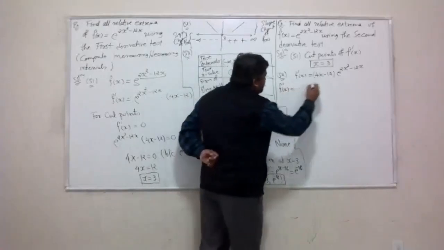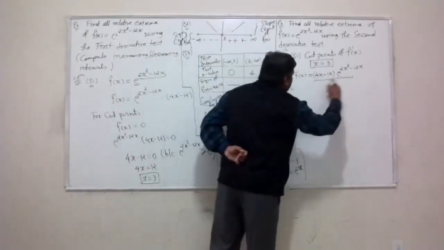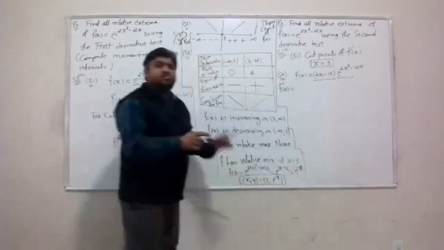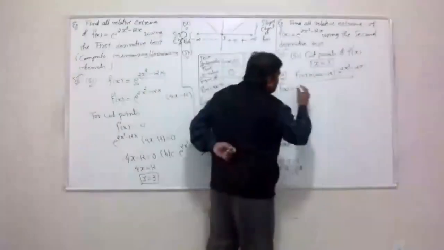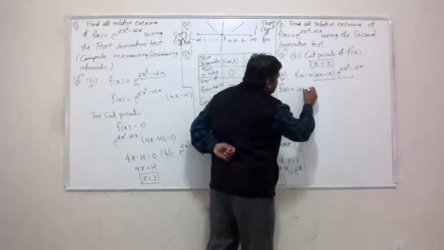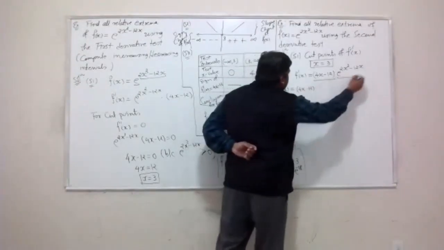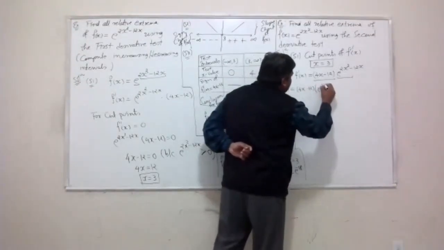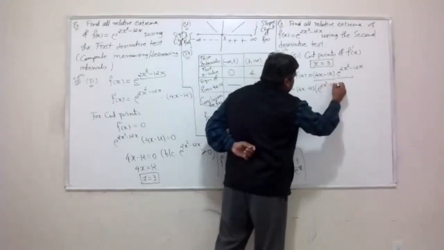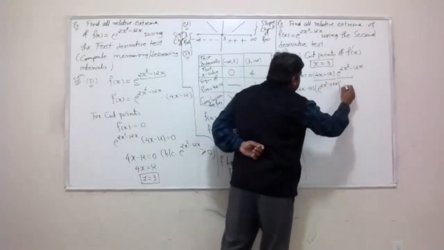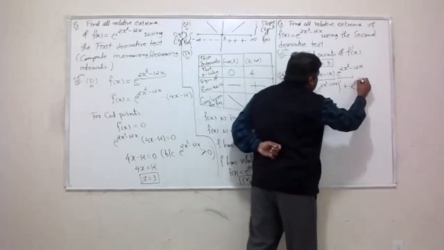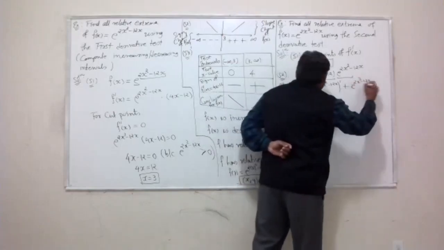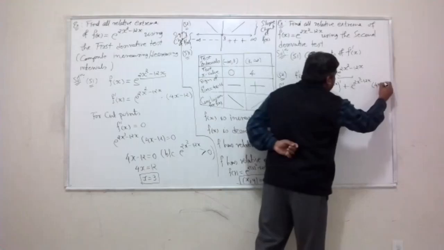Let's compute it. I must use the product rule. This is a function in the form of factors, right? Let's use the product rule. First factor as is times the prime of the second factor, plus second factor times prime of the first factor.